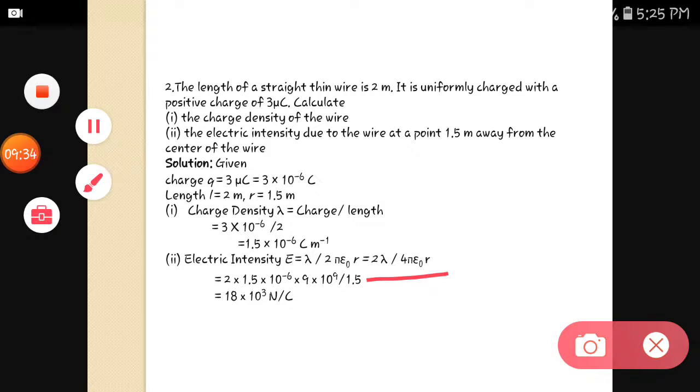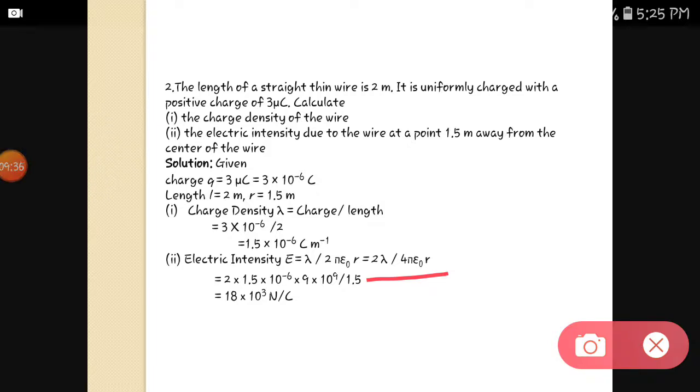I just multiplied numerator as well as denominator by 2. So I am getting here 2 lambda and here 4 pi epsilon 0. The value for 4 pi epsilon 0 is nothing but 9 into 10 raised to 9. What is 2? It will be as it is.